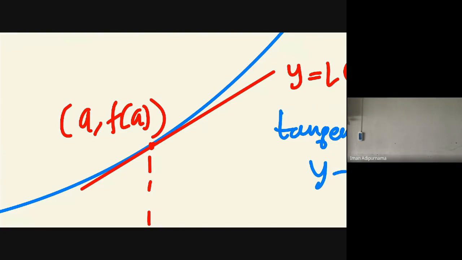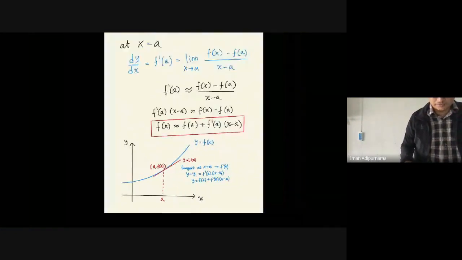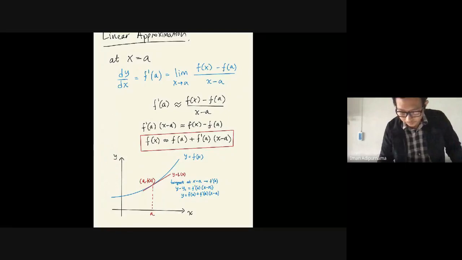But if you are moving too far, like maybe here, it has a gap, right? So it will be a different answer. But when you are getting closer and closer, you will get almost the exact answer. And how are we actually using this? Let me show you how we are dealing with this, the graph.